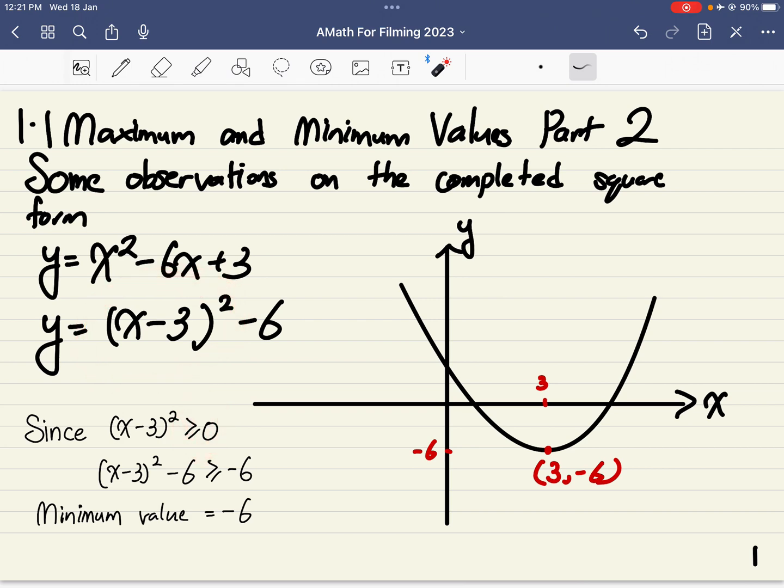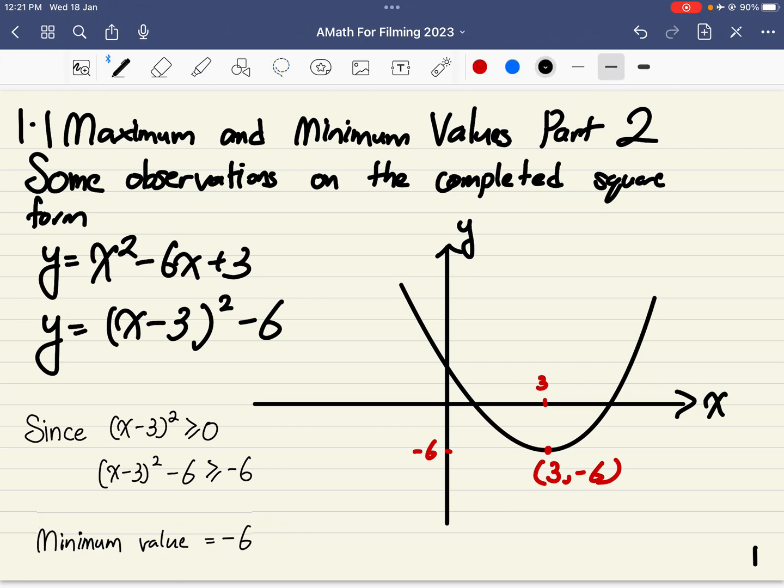Any value you put in here, the lowest value you can get is 0, and then it will increase to a positive number. So the smallest is 0, up to a positive number. From here, if I subtract 6 on both sides of my inequality, the direction doesn't change. Hence, x minus 3 squared minus 6 is always greater than or equal to negative 6.